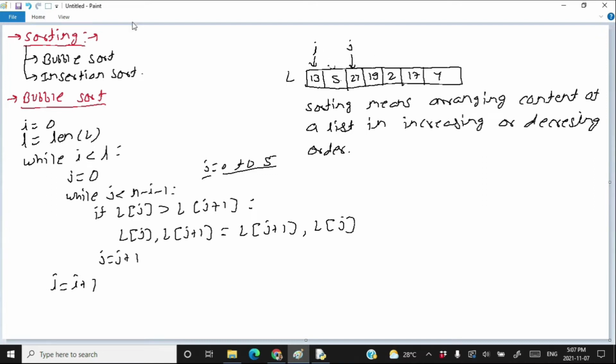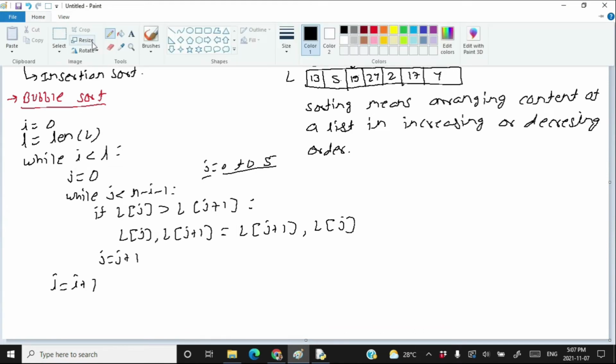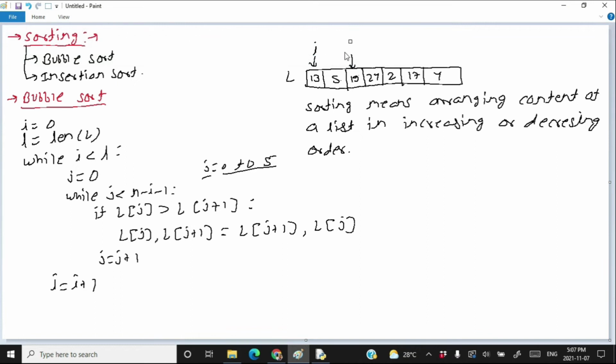Now, what is the current value of j? The current value of L[j] is 24 and L[j+1] is 19. 24 is greater than 19, so you have to swap these two values. So write 19 and 24 at these two places and increase the value of j again by 1.